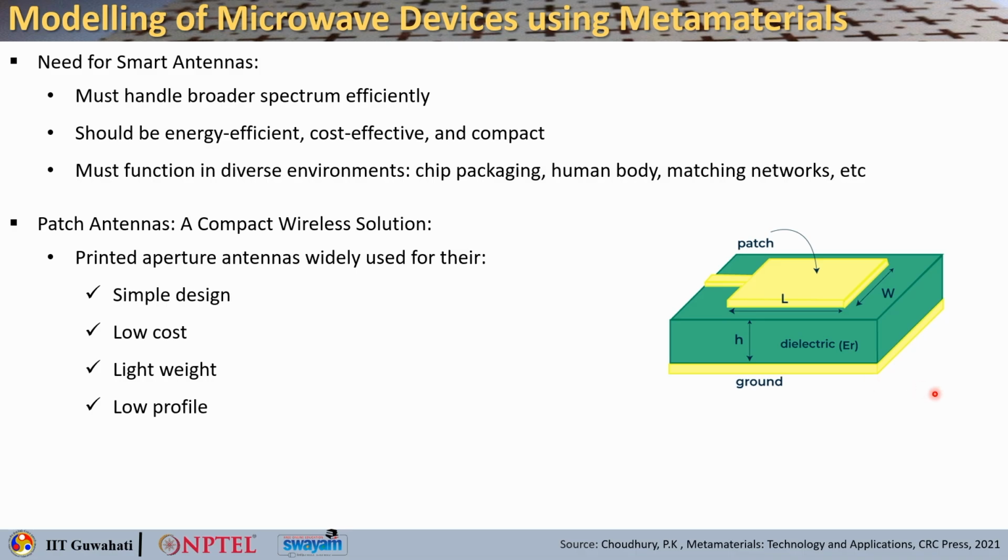They may typically have a bit lower gain as compared to other types of antennas, and the feed network, that is where the signal gets connected to the patch, can sometimes be complicated depending on the type of polarization. But overall it has its own positives. As I mentioned here, simple design, low cost, lightweight, low profile, and easy to integrate with circuits and arrays, which makes it very popular.